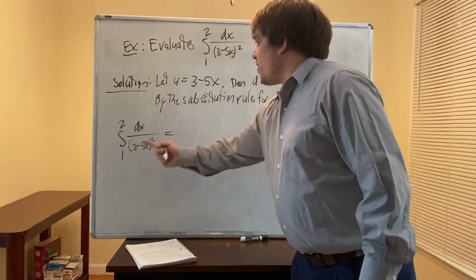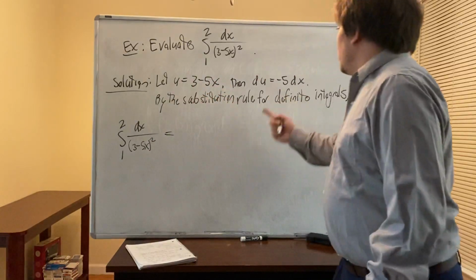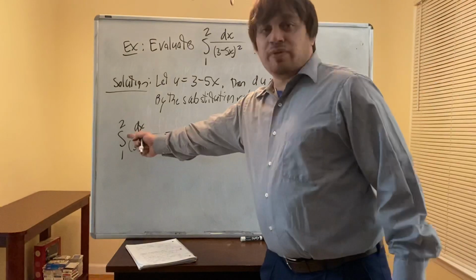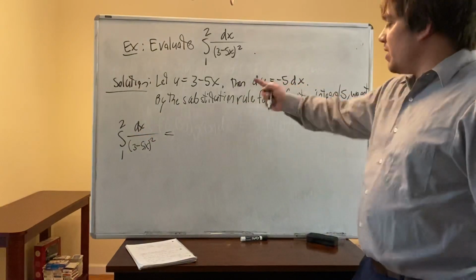The 3 minus 5x will be replaced with u. But what am I missing here? I'm missing a negative 5 to put in front of the dx, to replace negative 5 dx with du.